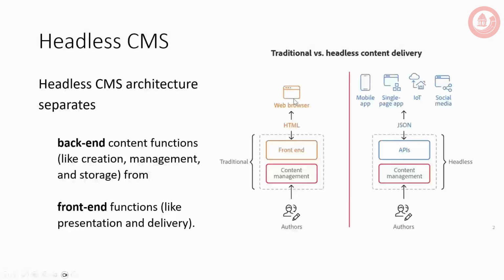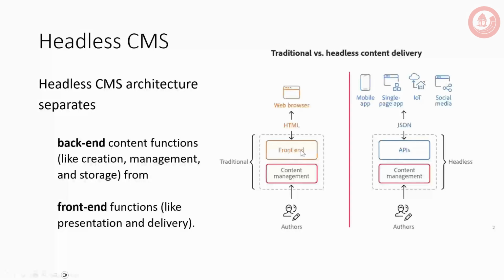It's not simply a web browser, right? Every one of us has smart devices: smartphones, IoT devices, smart watches, single page apps and social media. Users are consuming from different systems.